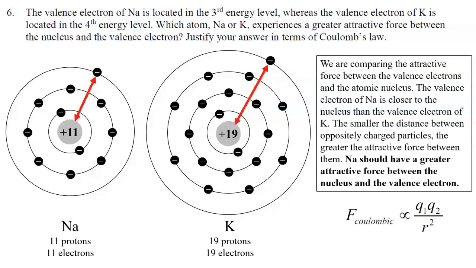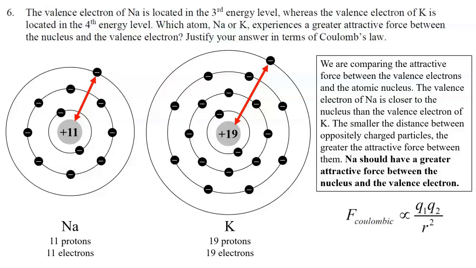We're comparing the attractive force between the valence electrons and the atomic nucleus. The valence electron of sodium is closer to the nucleus than the valence electron of potassium. So the smaller the distance between the oppositely charged particles, the greater the attractive force between them.